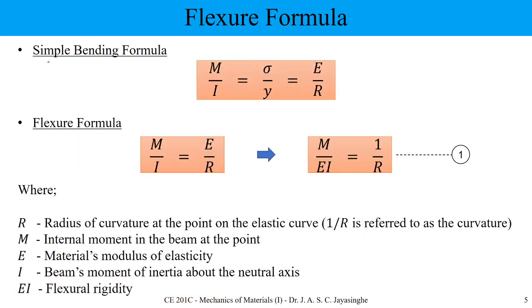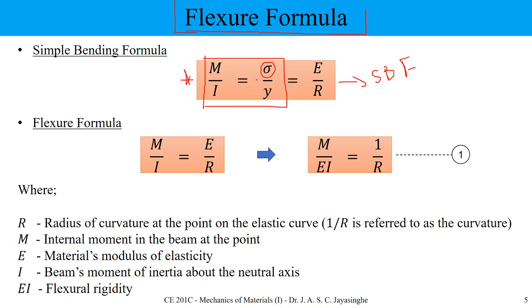So this is basically about the flexure formula. It is not a new thing actually. We can use it to develop the flexure formula from the simple bending formula or Euler-Bernoulli beam theory. In previous lectures we used these two parts, and we worked with normal stress variation and cross-sectional dimensions.